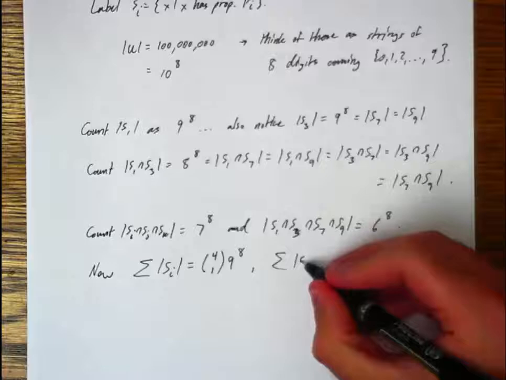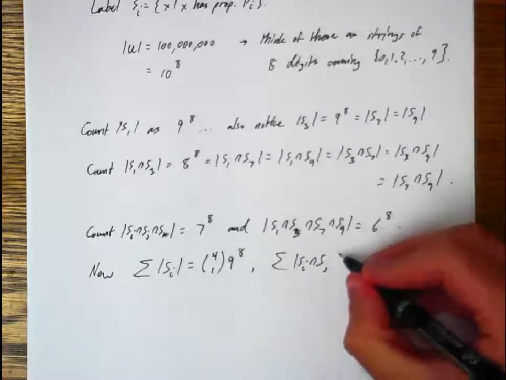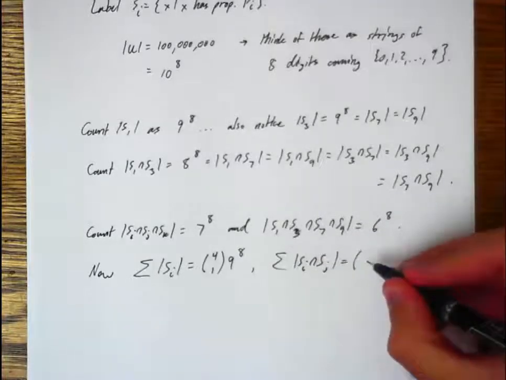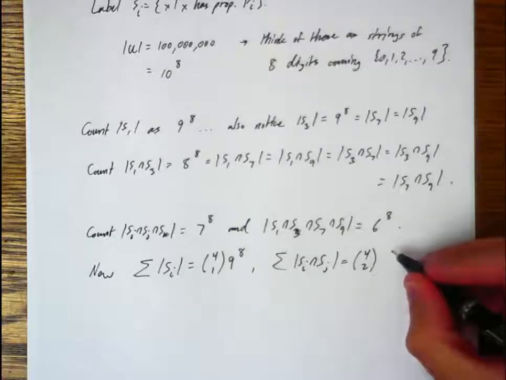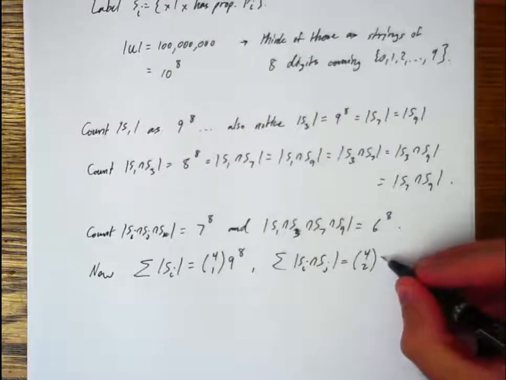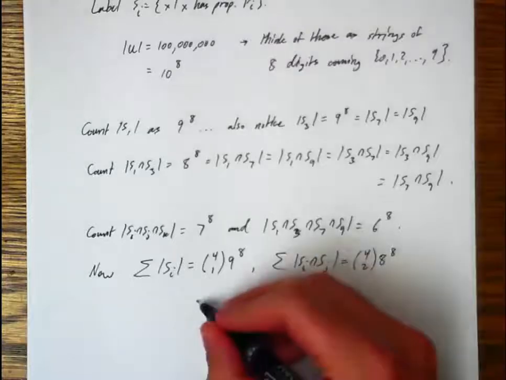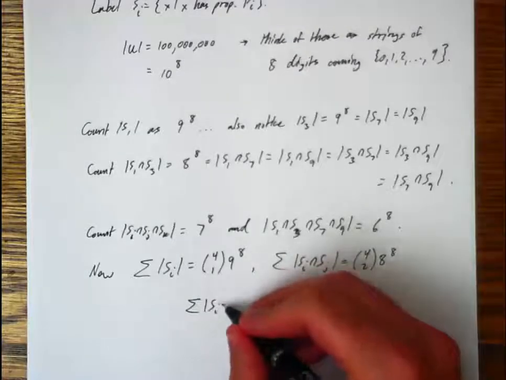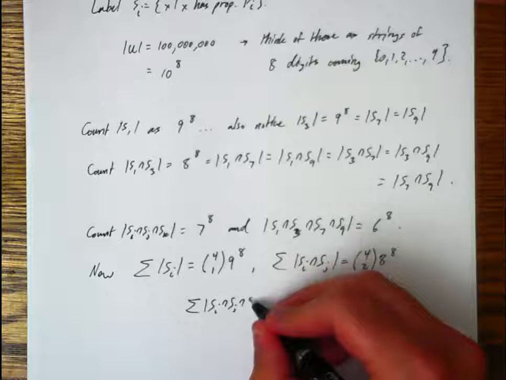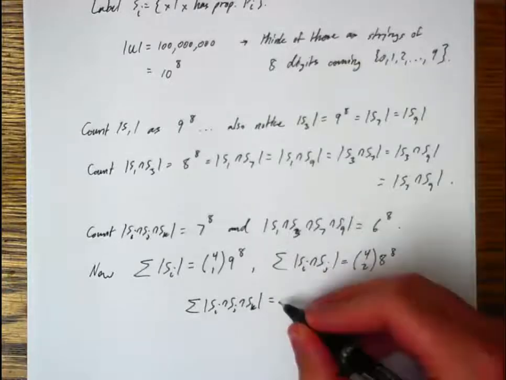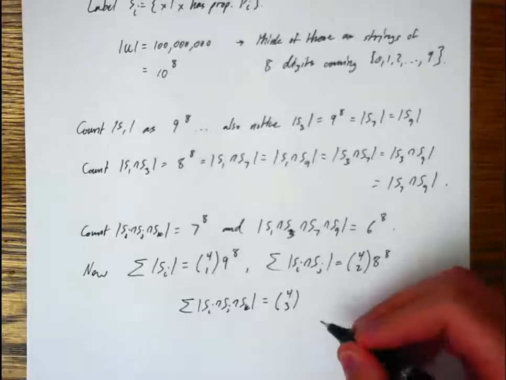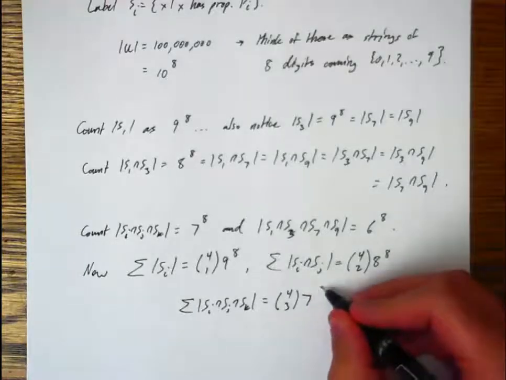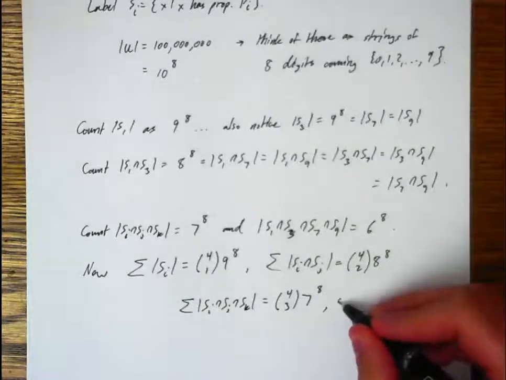The pairwise sums, this is just shorthand. Of my 4 properties, I'm counting the number of ways I can choose 2 of them, and they're all counted the same way. Similarly, I get all my triple intersections, Sj, Sk, and there are 4 choose 3 different triple intersections, and they are all counted the same way as well.